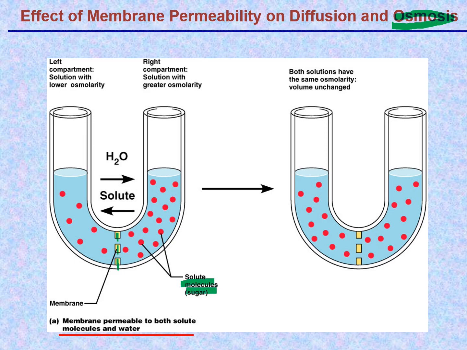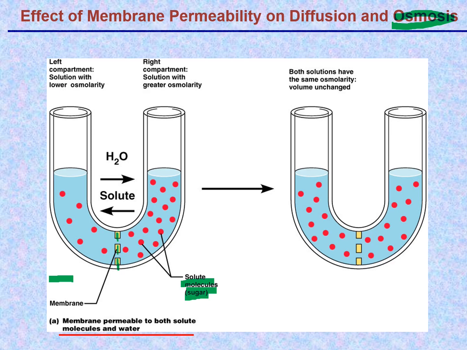It happens to have more sugar, more carbohydrate in it, than on the other side of the membrane. And it does not allow these solute molecules across. It's semi-permeable, so it doesn't allow the solute molecules across.